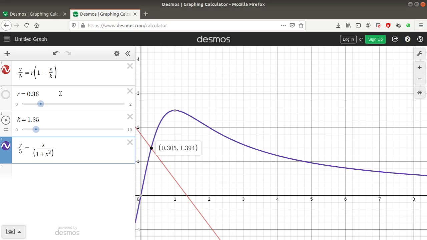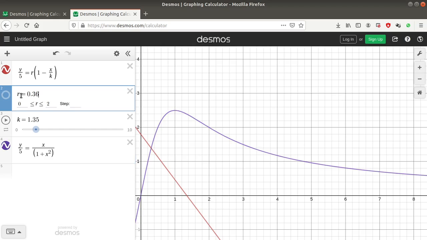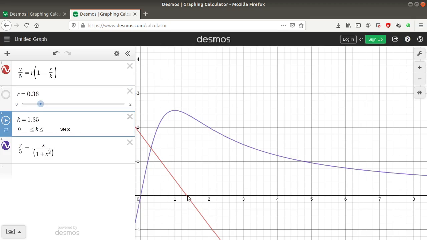So now the system has some r value and some k value, which means some number of trees. And this insect has some birth rate.